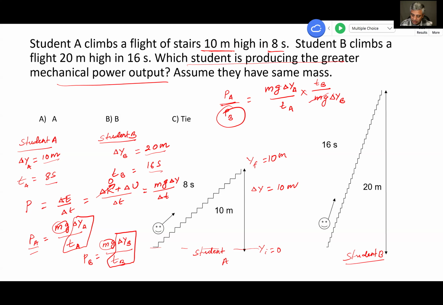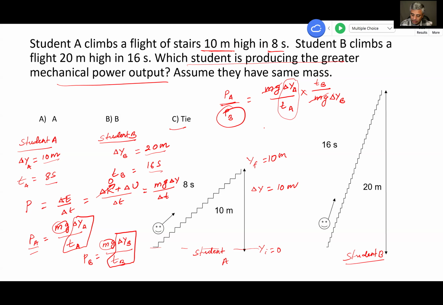See, the mass and g, being equal, cancel, they become irrelevant. So it simply depends on the ratio, and the ratio of both of these is basically the same, so that's why they tie.